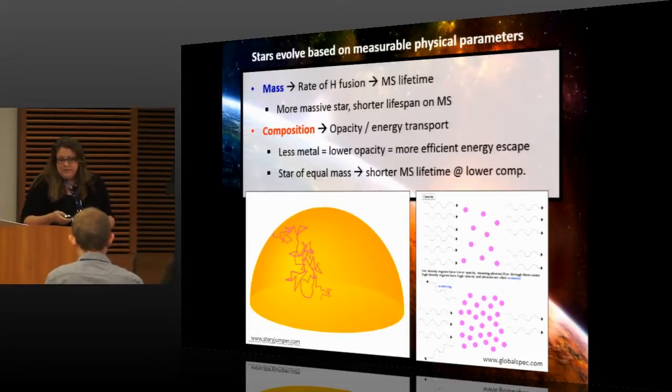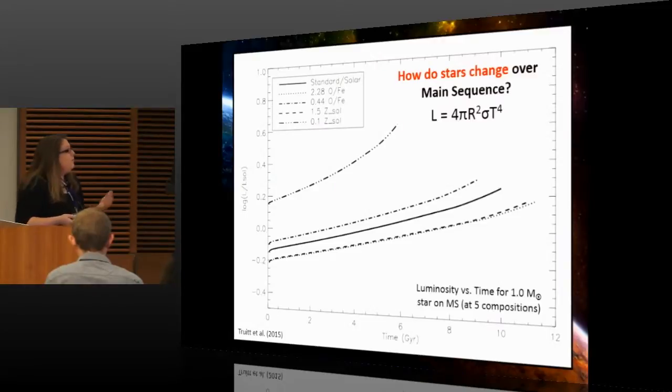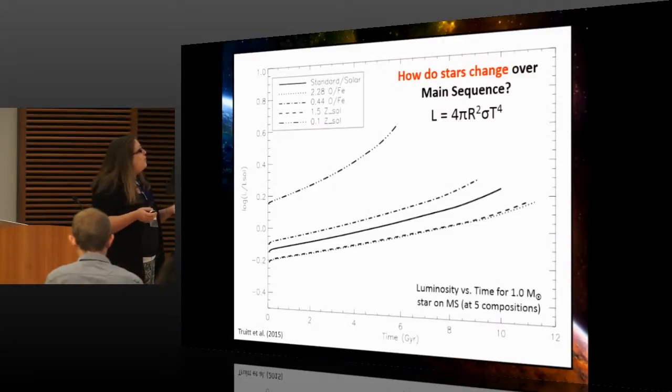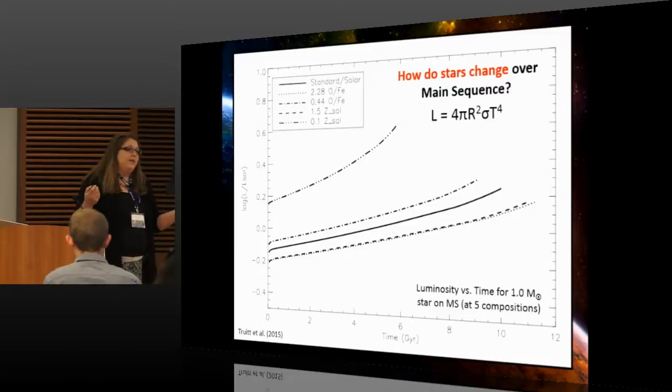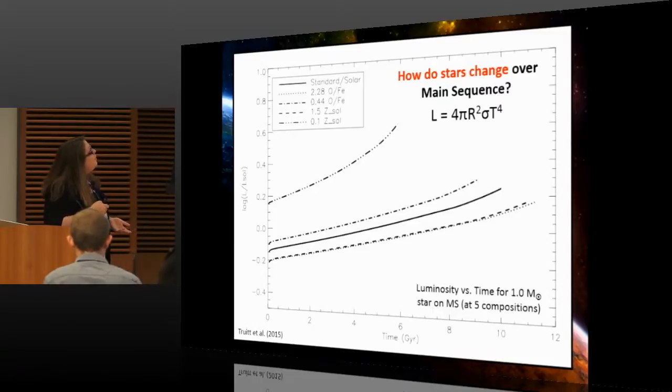So basically this is just to show how the stars change over the main sequence. This is time in billions of years, and this is luminosity. Luminosity is just the brightness of the star. So for 5 different compositions here, black is just solar composition.